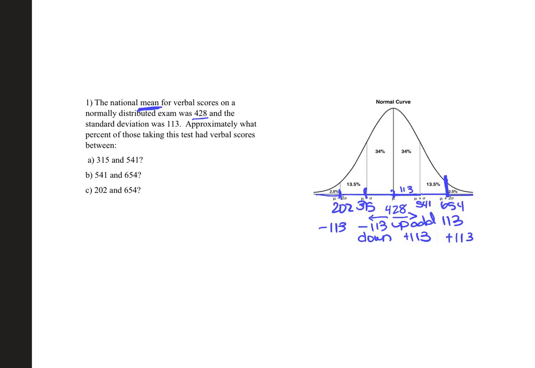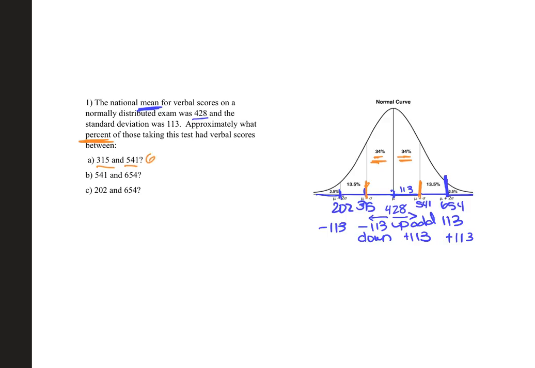Awesome. So now let's answer some questions. That's kind of the setup. The first question is approximately what percent of those taking this test had verbal scores between 315 and 541. So here's 315, here's 541, and in between we just count up the percentages.